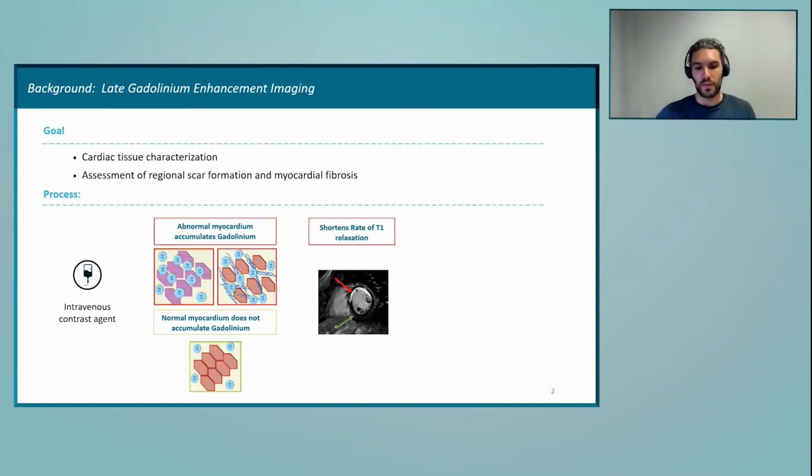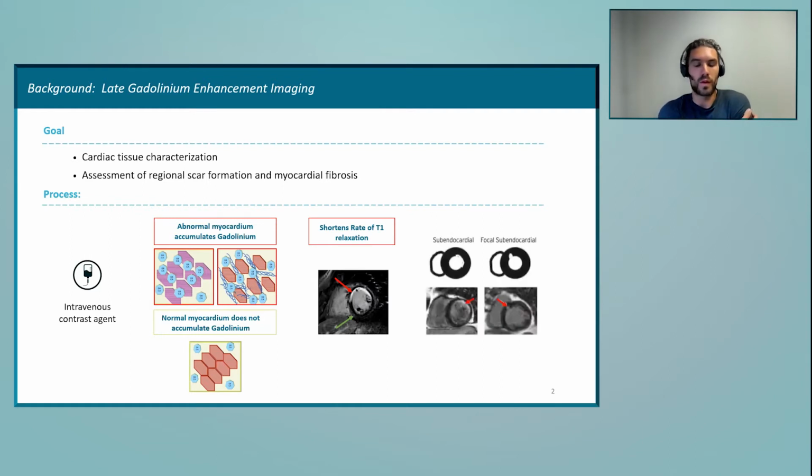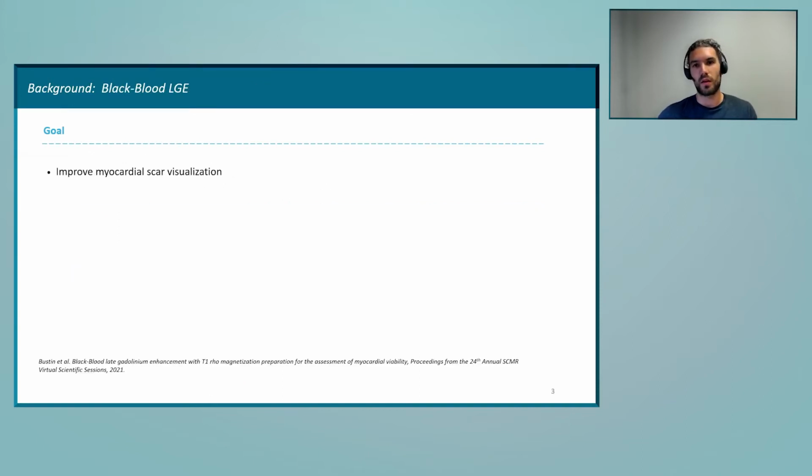This is the bright blood LGE, and one problem we might have with bright blood LGE is at the blood-pool interface, especially for focal subendocardial scars, where the signal from the blood can create problems for the delineation of the scar. To circumvent this problem, black blood LGE has been introduced to improve scar visualization.